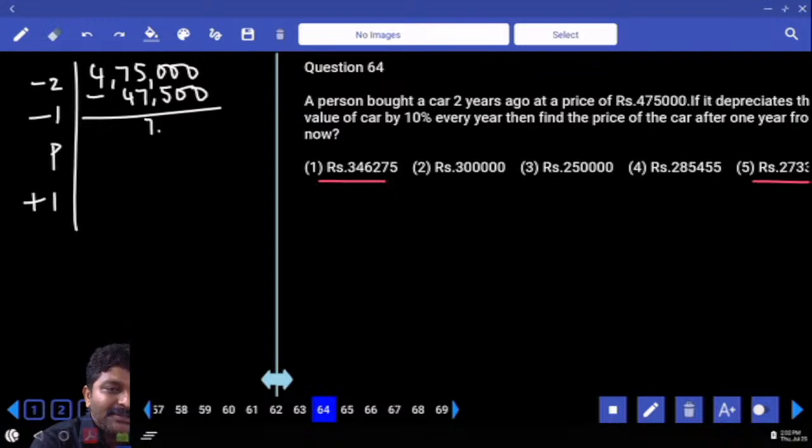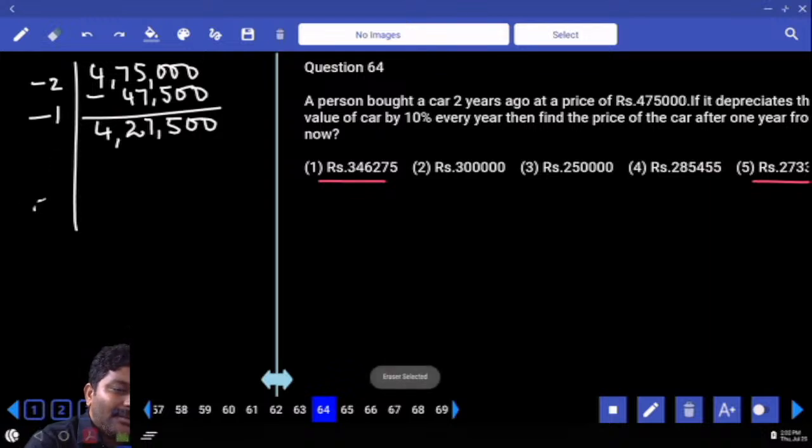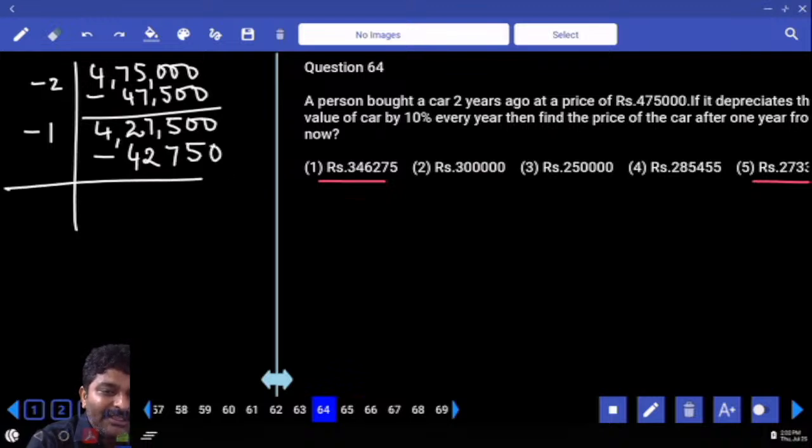This becomes 4,27,500. 1 year back, again we have to subtract 10%, which is 42,750. Now you will get the present value. This is 750 here.